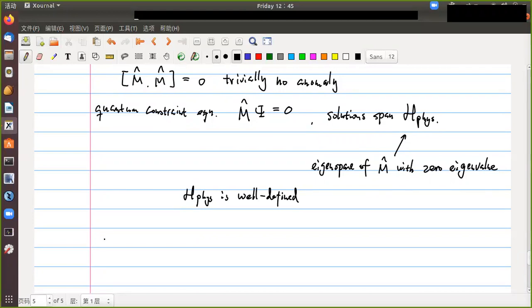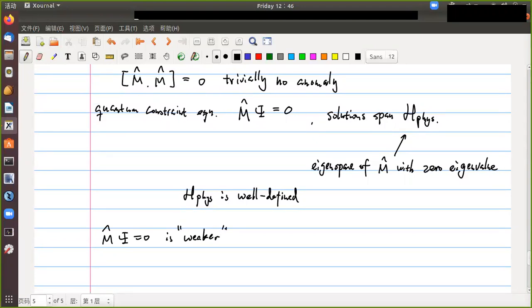And secondly, why we say this is a weaker version of the constraint equation is because this master constraint equation is, in quotation marks, weaker.